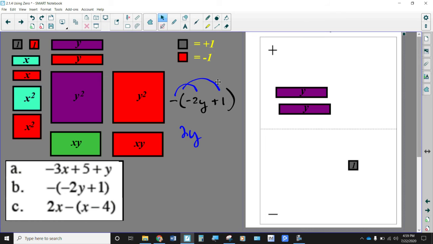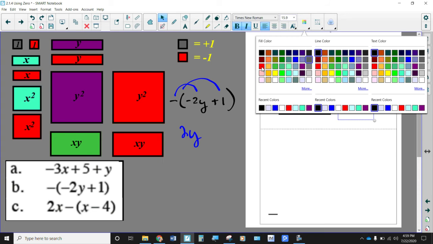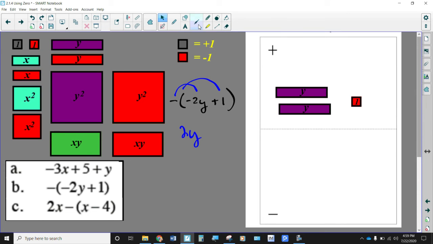And then I would also change this to its opposite, which means this guy would move across the street, and it would change to its opposite when it moved across the street and become negative 1. So then this becomes 2y plus a negative 1.